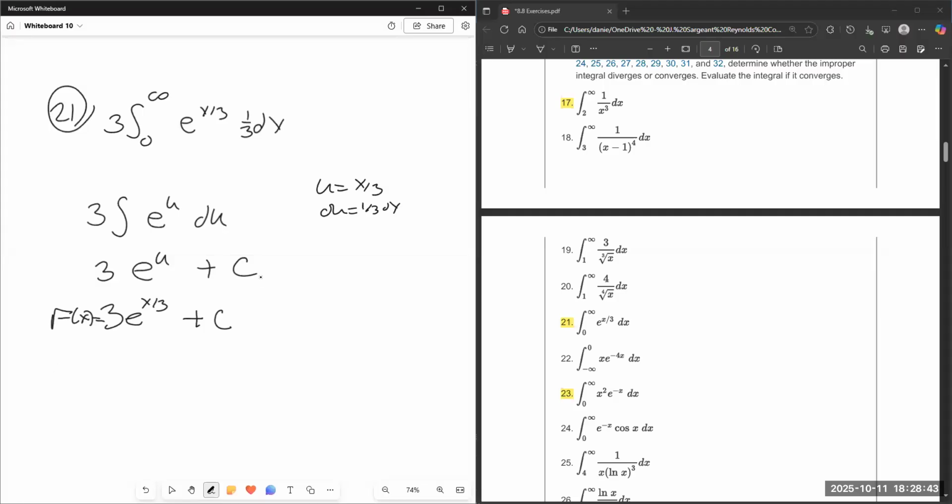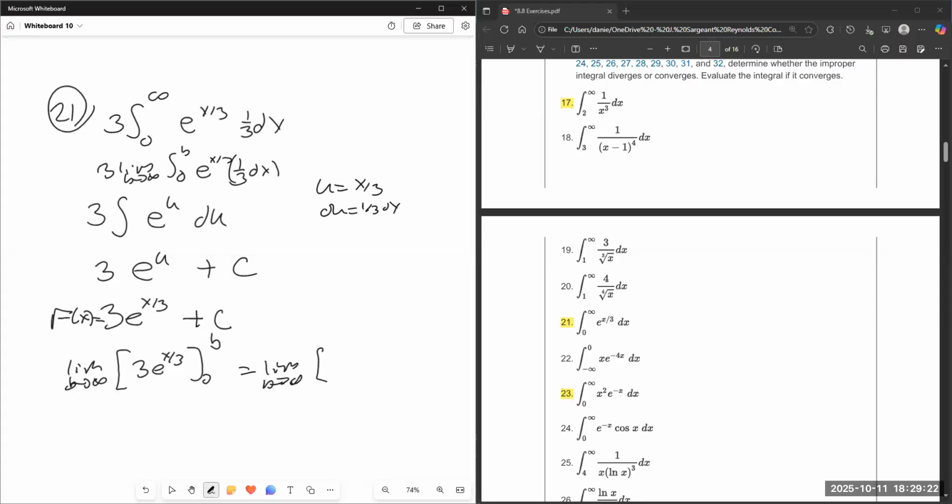I need the limit as b goes to infinity of 3e to the x over 3 from 0 to b, which is the limit as b goes to infinity of 3e to the b over 3 minus 3e to the 0.